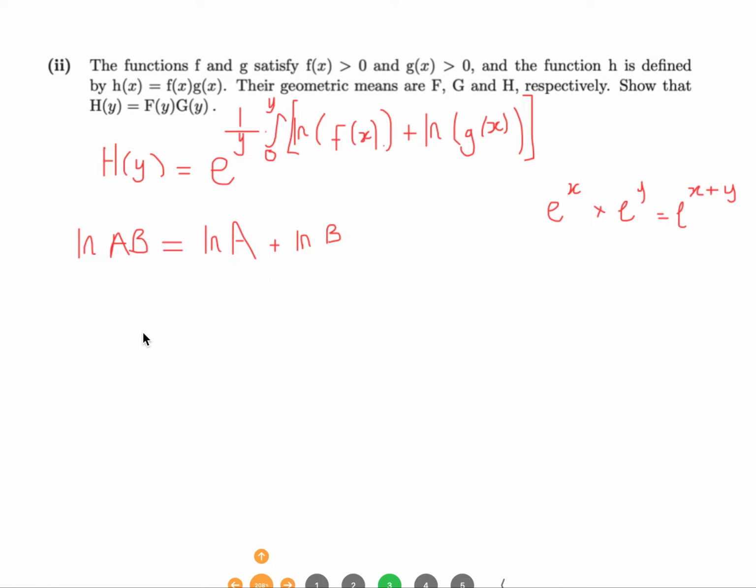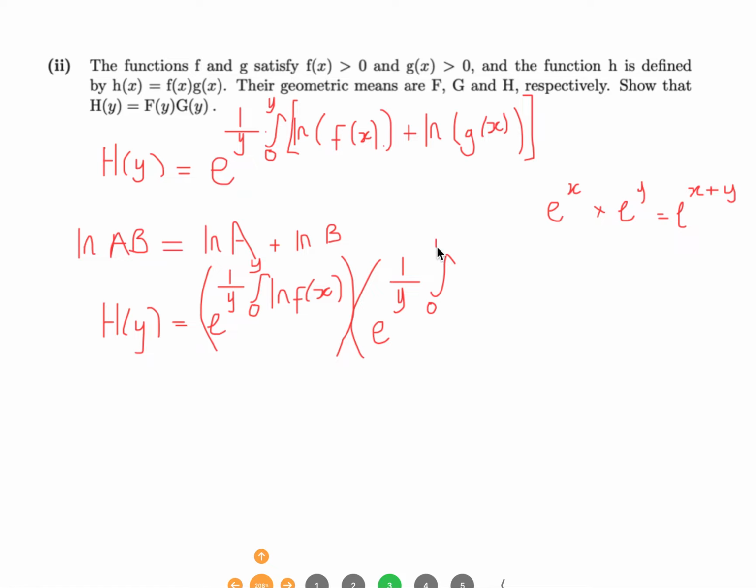So h of y is going to equal e to the 1 over y times the integral from 0 to y of ln of f of x, multiplied by e to the 1 over y times the integral between 0 and y of ln of g of x.